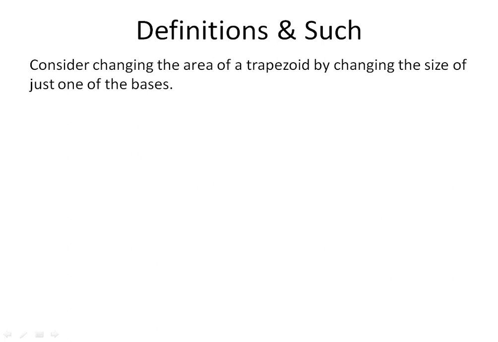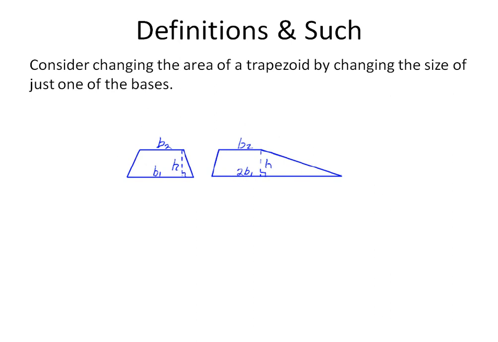Okay, now we want to think about something that's not quite as straightforward. Consider changing the area of a trapezoid by changing the size of just one of its bases. Draw the situation that we've got. You start out with a trapezoid. You have two bases, B1 and B2, and you have its height. All that we changed here is that we changed B1 by a factor of 2.